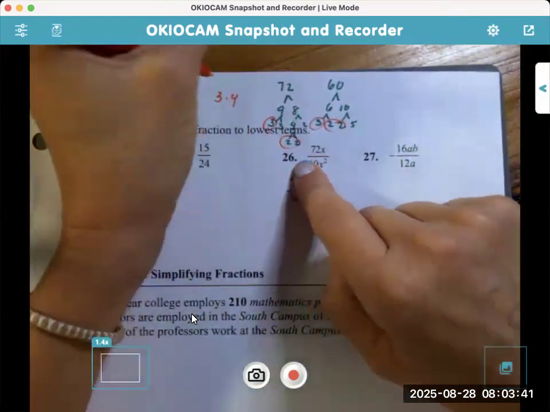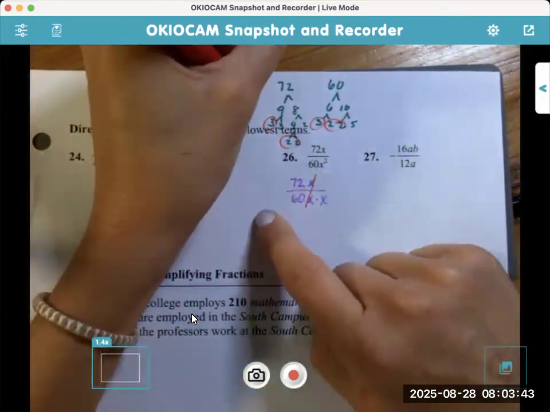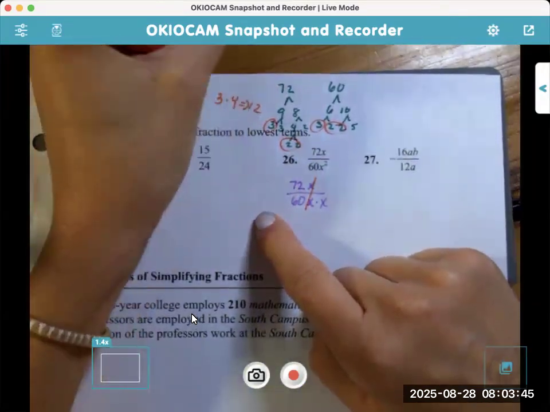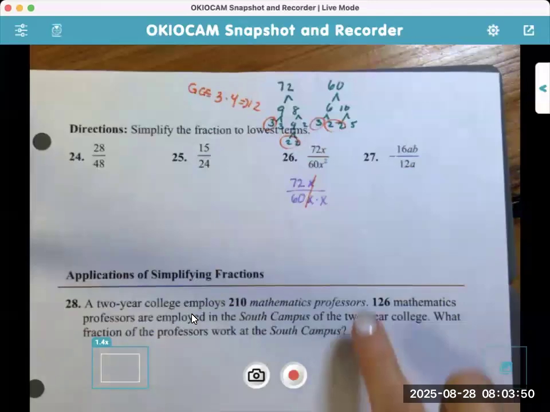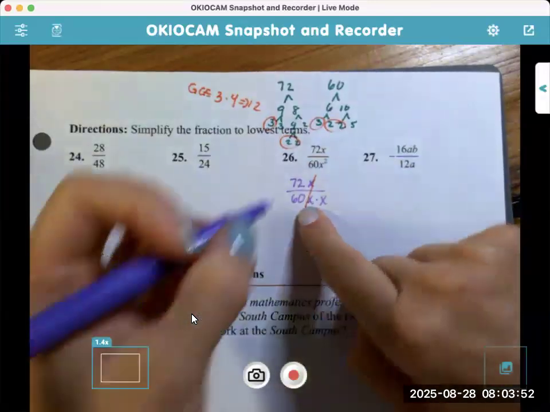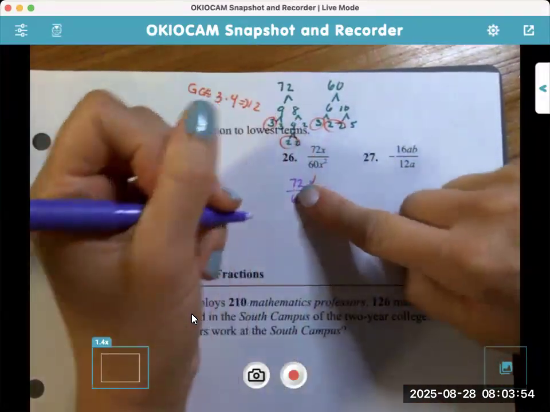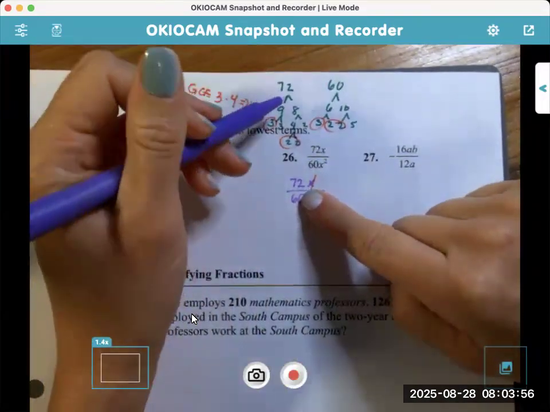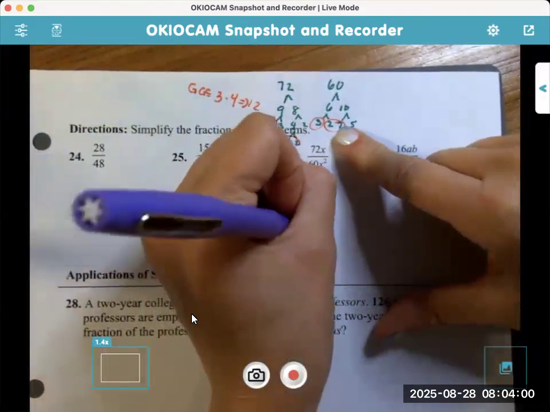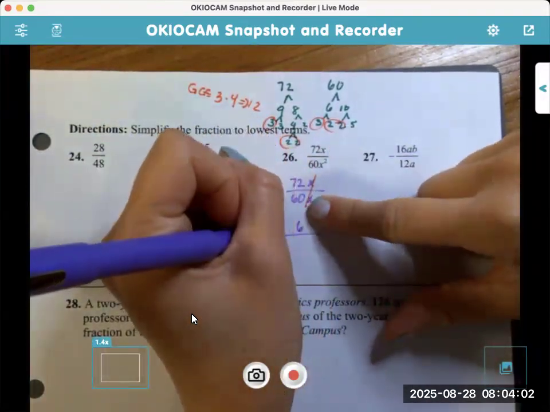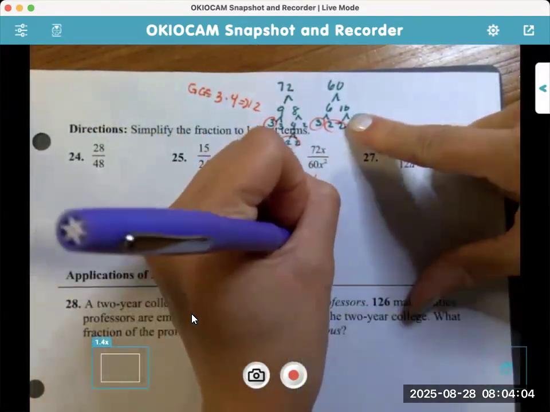So their GCF is 12. Okay, 12. So if I divide 72 by 12, 72 divided by 12 is 6. 60 divided by 12 is 5x.